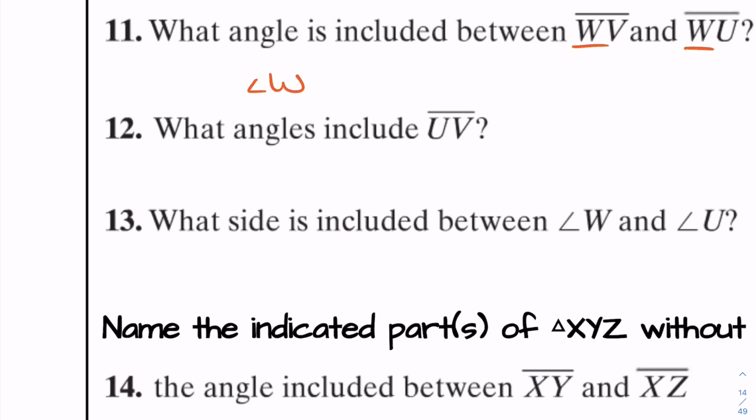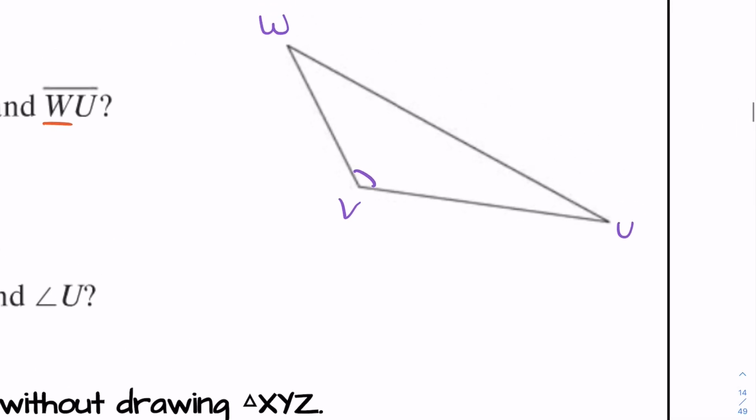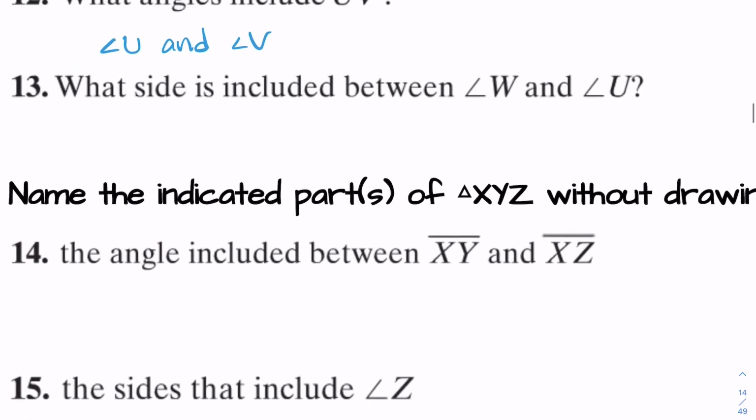This one is going to be angle U and angle V, because UV is made up of both angle U and angle V. What side is included between W and U? Side WU.